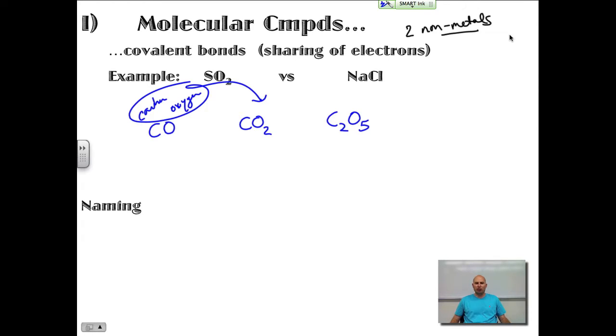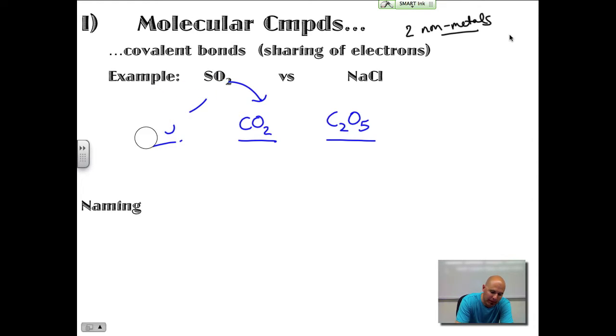All carbons and oxygens only, but obviously not getting together because of ionic bonding. So this would be a covalent bond. And so how would we name this and this and this? They're all legitimate compounds. We have to name them differently.